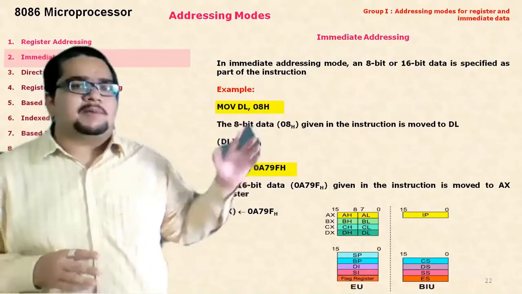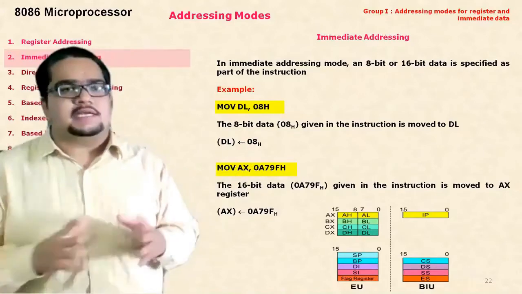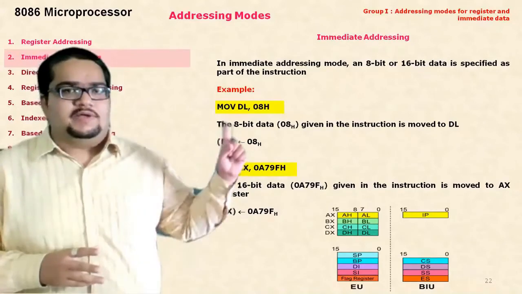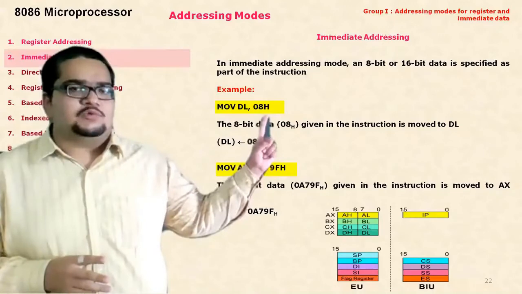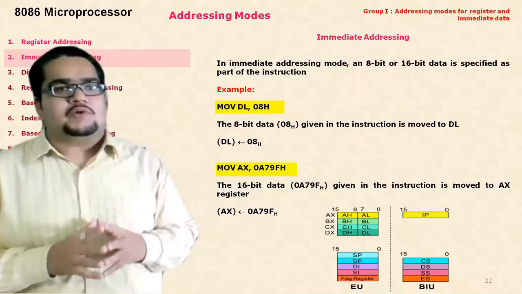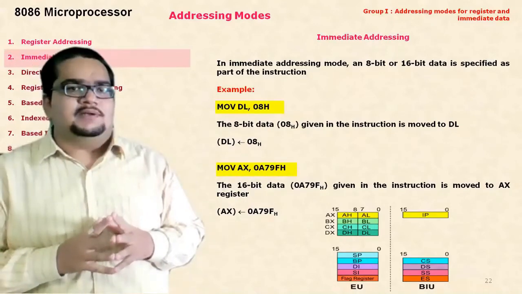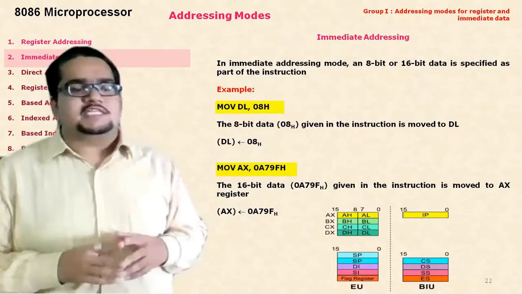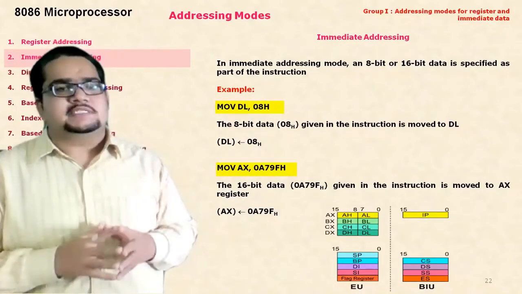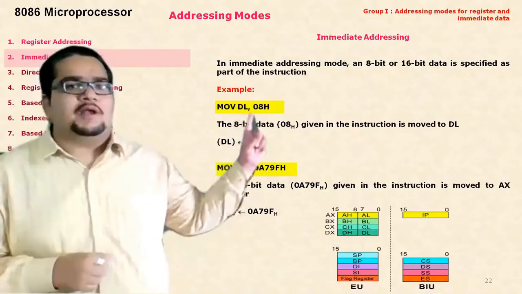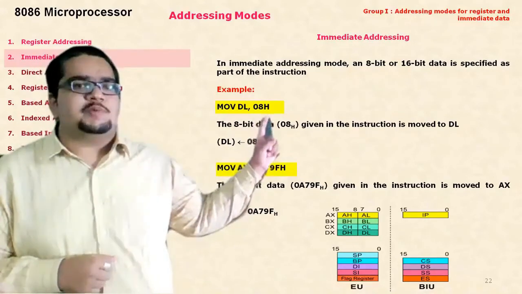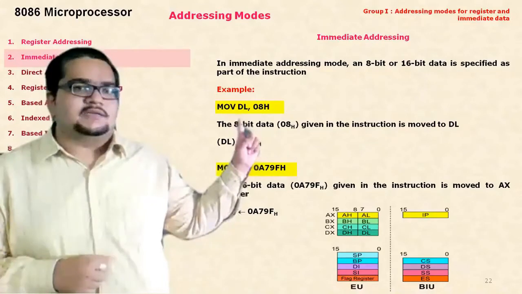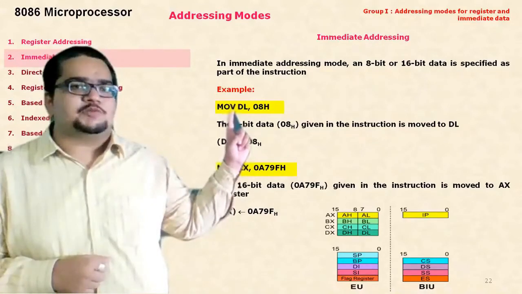Anyhow, for today's and the next classes, wherever you find an H following a number, you have to consider that number as a hexadecimal number. So it is a 2-digit hexadecimal number, and 1 hexadecimal digit is 4 bits, so 2 digits is 8 bits, that is 1 byte. So the 1-byte number 08H has to be moved into the DL register because it's a move instruction.